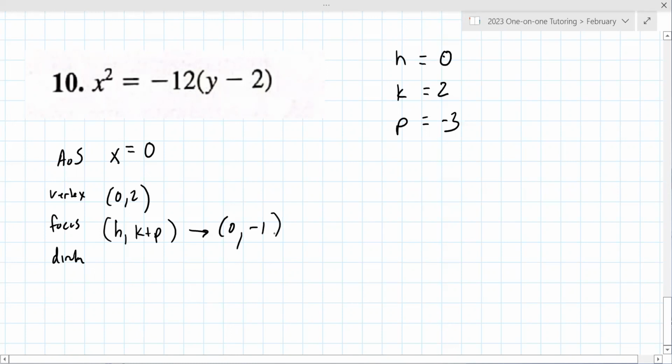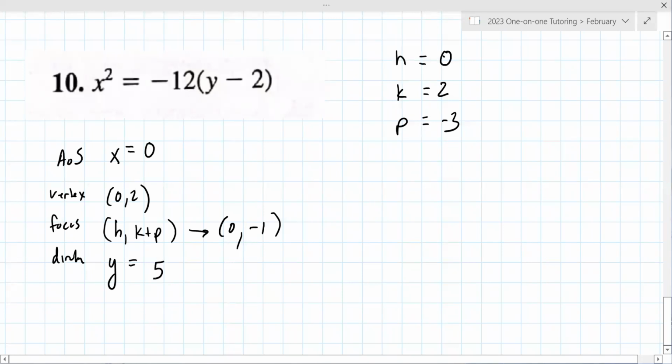Directrix is an equation. Y equals k minus p. Okay, so what does that become? 2 minus -3. Okay, so it'd be 5.